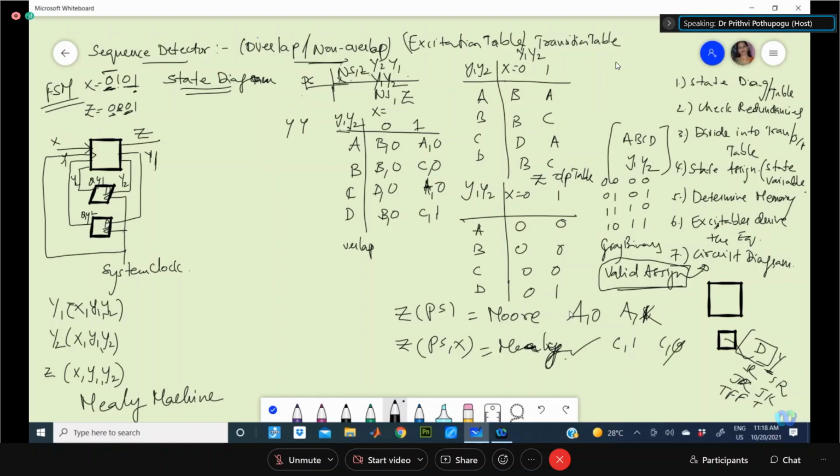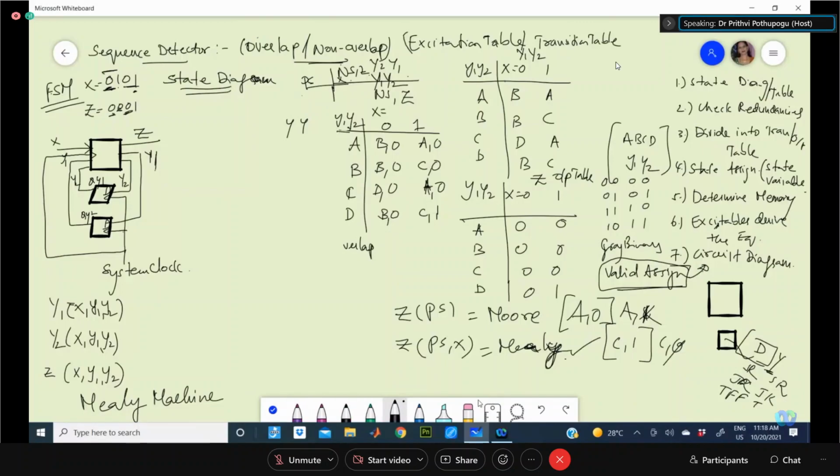That means the value of the output will be fixed, only one single value. That type of machine we call a Moore machine. But here we are seeing two different values per state. It's Mealy. Okay, so this is the equation that we need to implement this design.